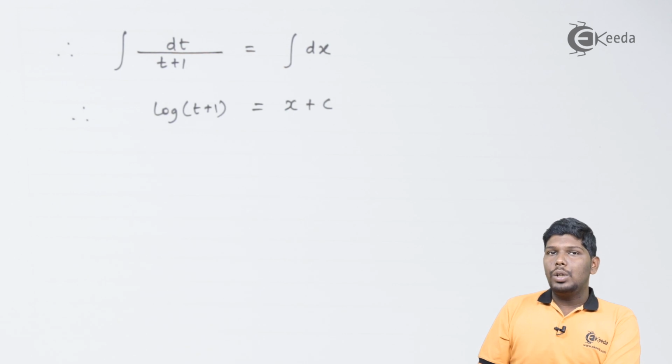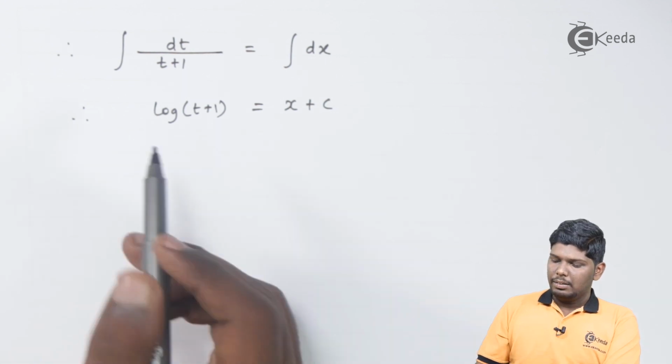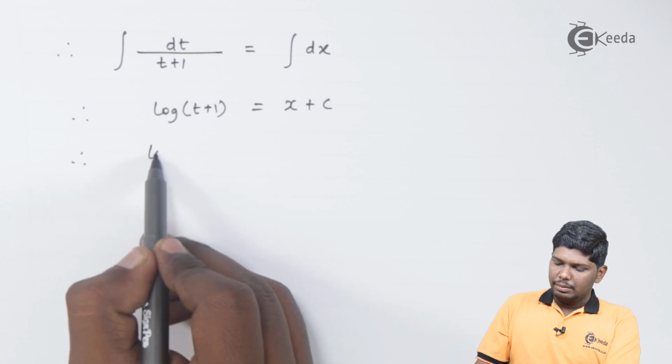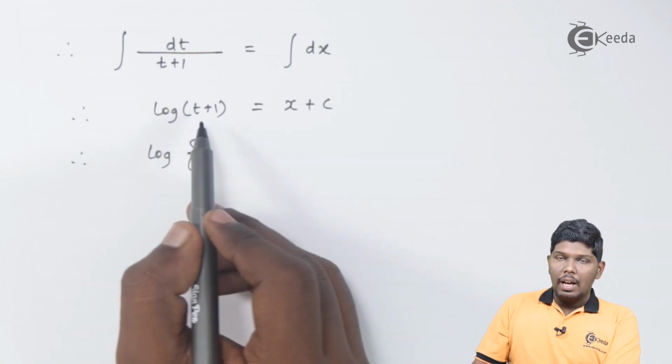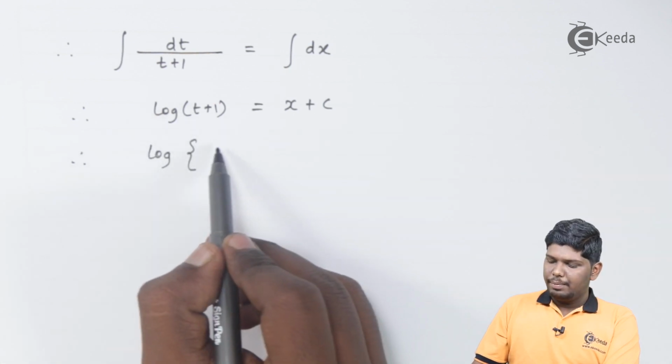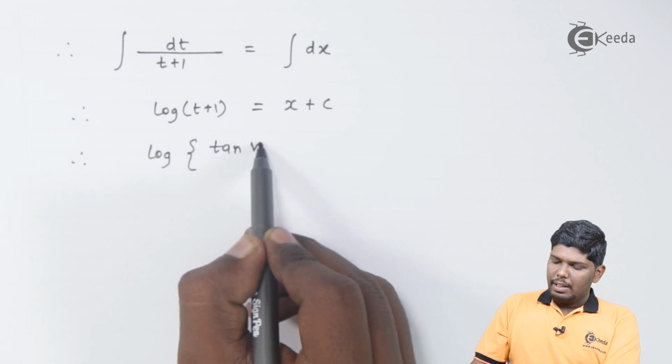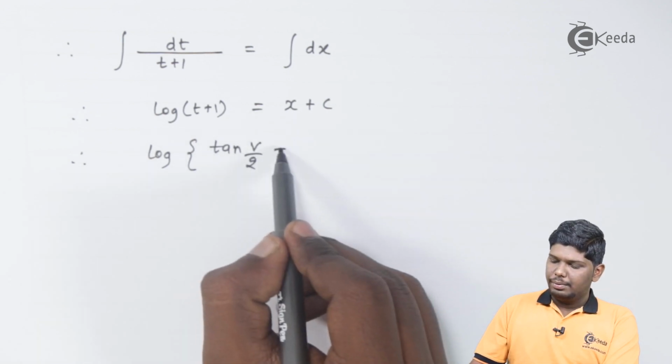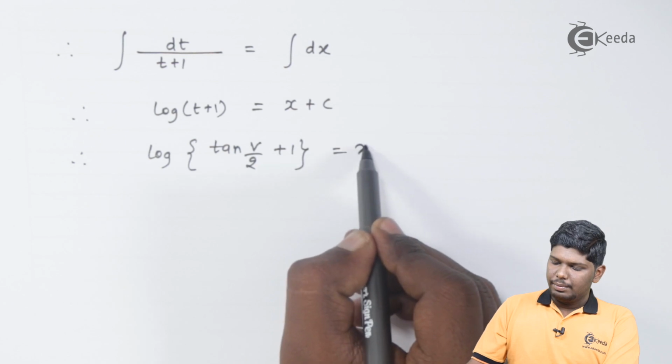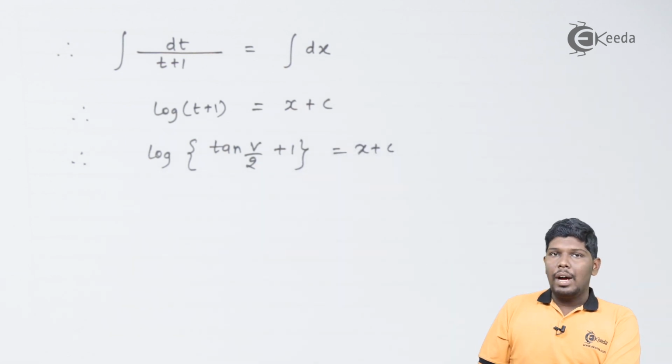Here first we need to resubstitute t in terms of v, and after that v will be resubstituted in terms of x and y. As we know, the value of t was tan v by 2, and the value of v was x plus y.